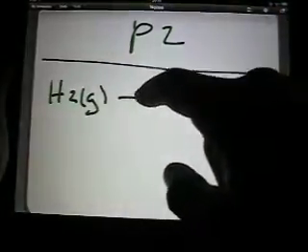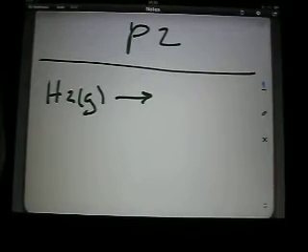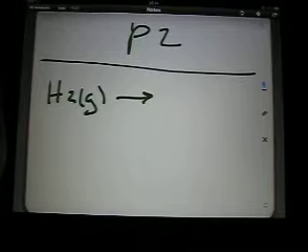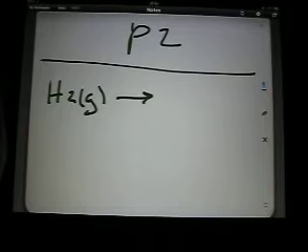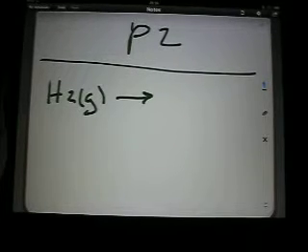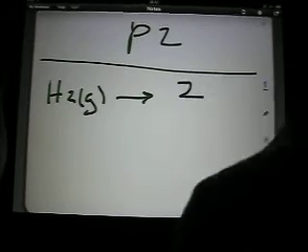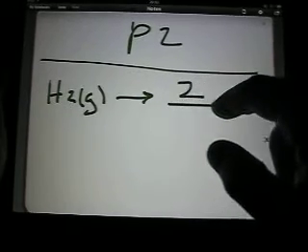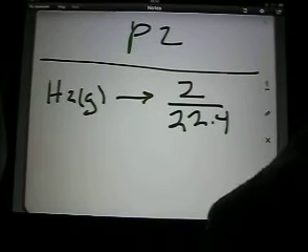And this is where we need to be very careful, because we know that hydrogen, atomic hydrogen, is just one atom, whereas H2 is diatomic hydrogen, or a molecule of hydrogen, molecular hydrogen, in its gaseous phase. So that's actually going to be 2 divided by 22.4 liters.